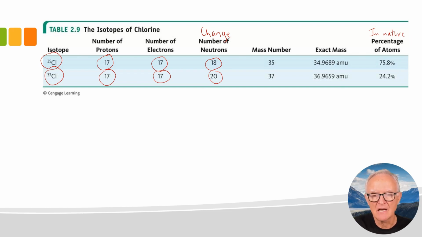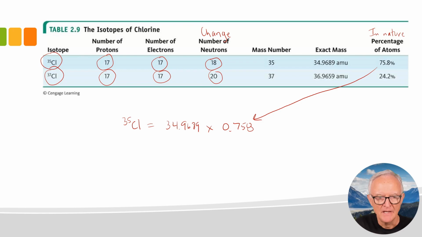So let's see if we can calculate the average mass shown on the periodic table. For chlorine 35, we have a mass of 34.9689 times 0.758, right? That's your percentage here, taking the 0.758. And chlorine 37 is going to be 36.9659 times 0.242.